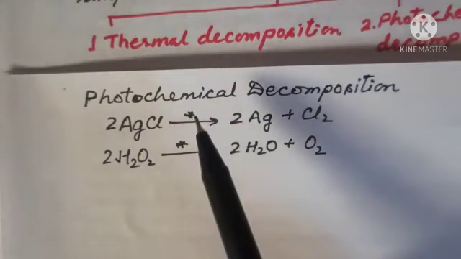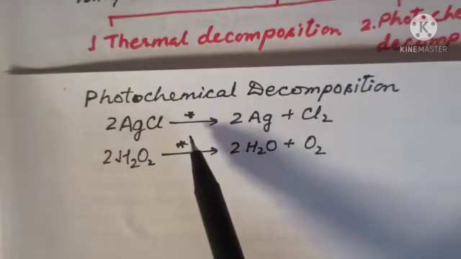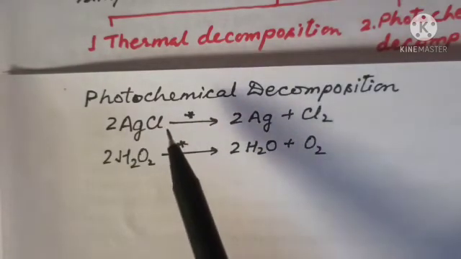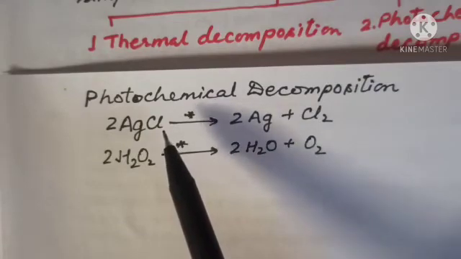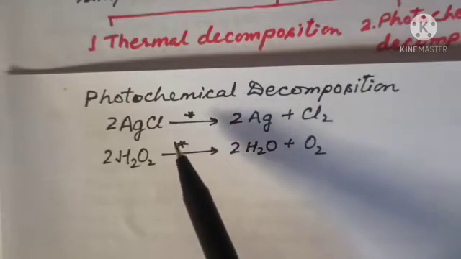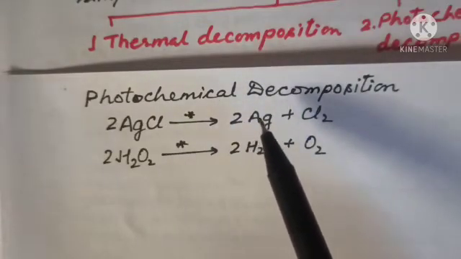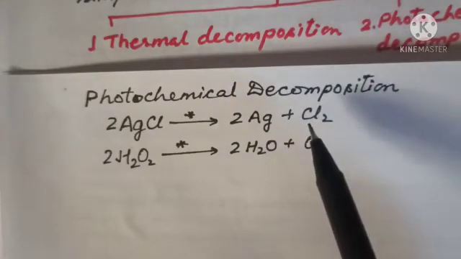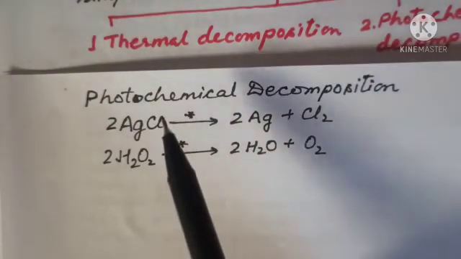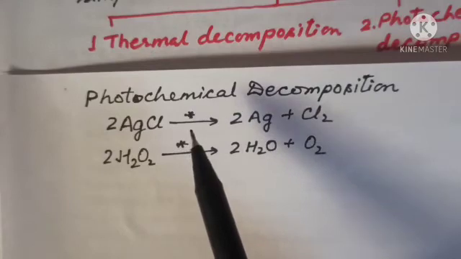That is why silver salts are not kept in a transparent bottle. When they come in contact with light, they may decompose into silver and chlorine or other substances. That is why silver salts are always stored in a dark colored bottle.